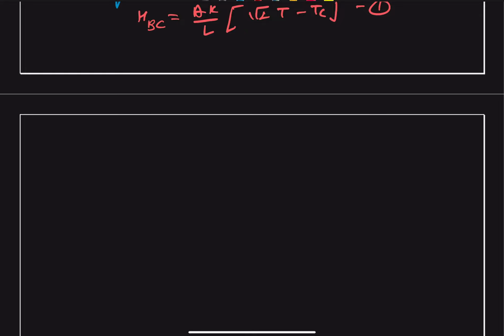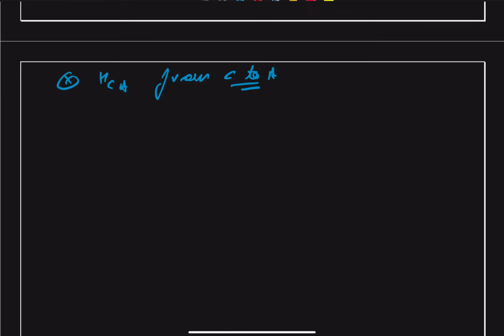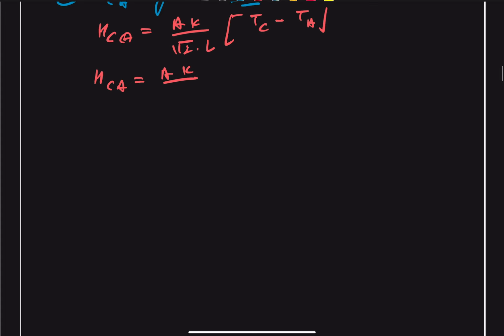So HCA, from C to A, will be equal to AK divided by the length, which is square root of 2 multiplied by L, times the temperature of TC minus the temperature of point A. We substitute the values: the temperature of C is TC and of A is T. Let us call this equation 2.